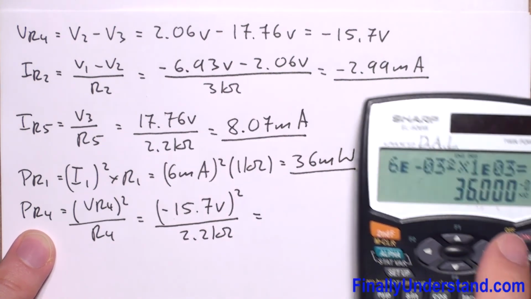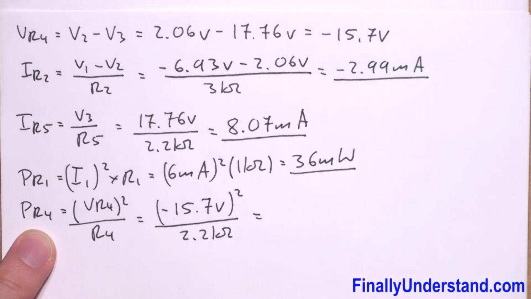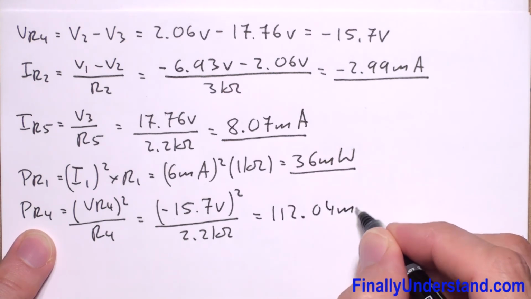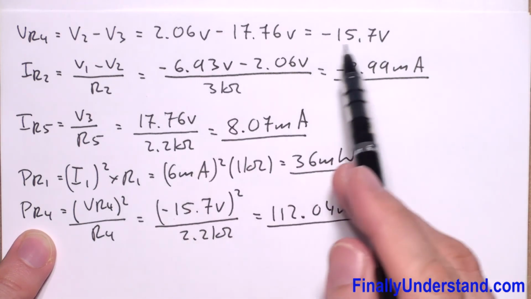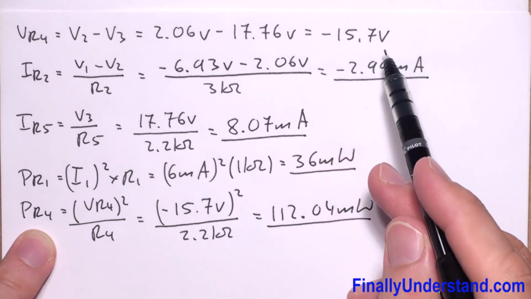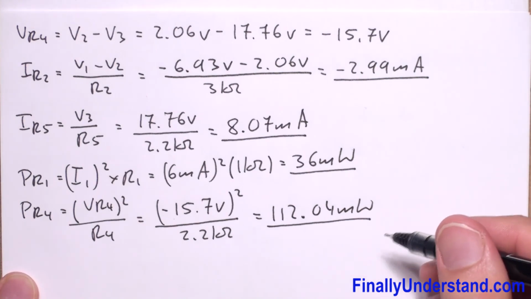This is equal to 112.04 milliwatts. Let me remind you that VR4 was calculated and is equal to negative 15.7 volts. So at this moment we can say that the problem is solved.